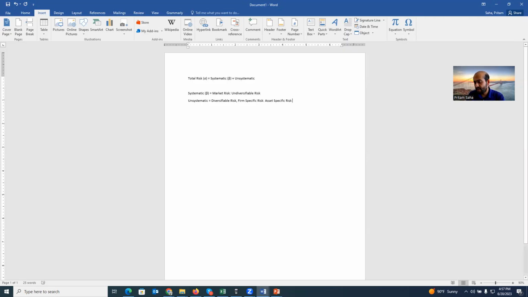Now, this is a kind of risk that, if you want, you can diversify. So let's say there is a labor strike in any corporation, and that labor strike is very specific to that corporation. You can skip that risk by not investing in that company. Just skip investing in that company.